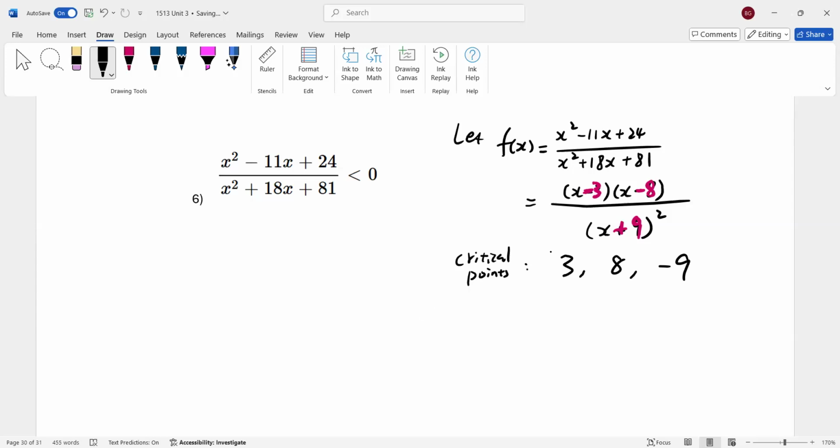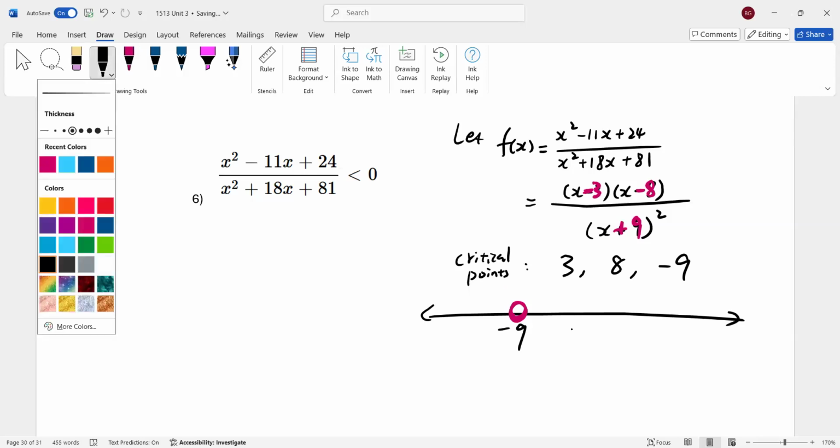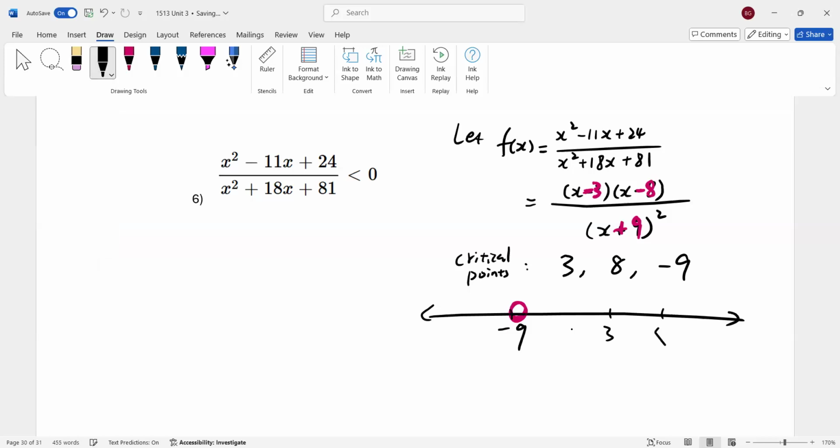So when you draw the real number line, -9 is here. You want to put a circle, a hole here to remind you -9 is not in the domain. 3 and 8, yes. Let's say 3 is here. 8 is here.